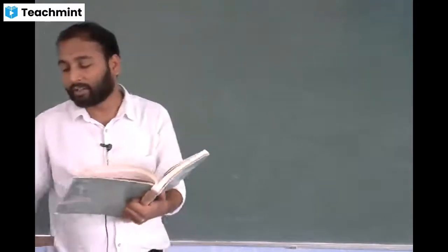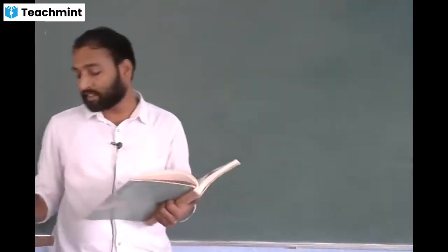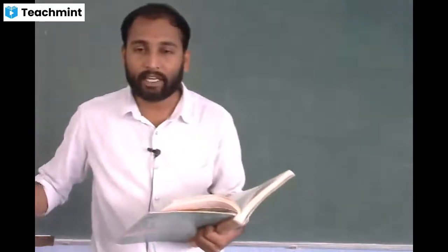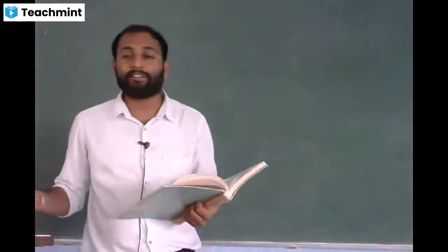Very good. The least distance of distinct vision is 25 centimeter. It is also called the near point. Far point is infinity. Okay.